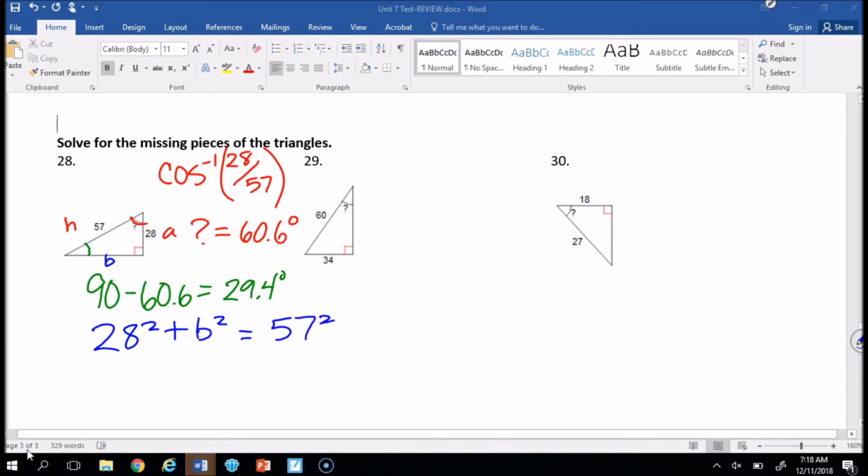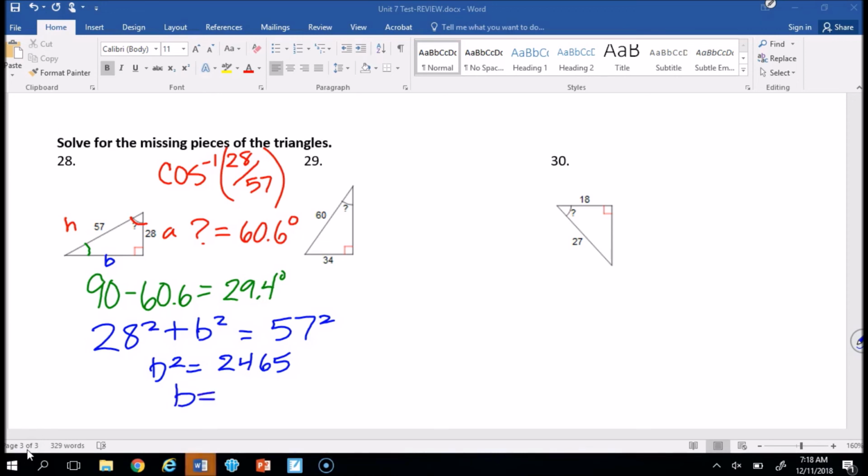When we do that, we square the 28, we square the 57, we subtract the 28 squared from the 57 squared, we get that b squared is equal to 2465. Then we're going to take the square root of 2465, and that's going to give us 49.6. So these are our three parts that we were missing: one angle, two angles, and the third side.